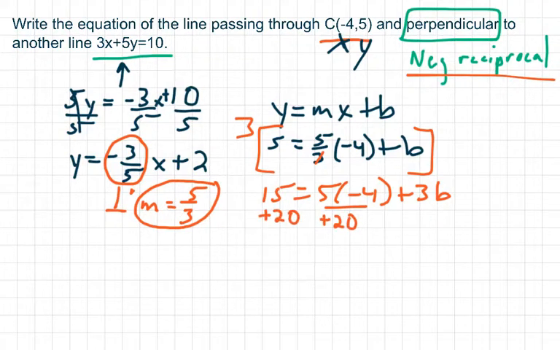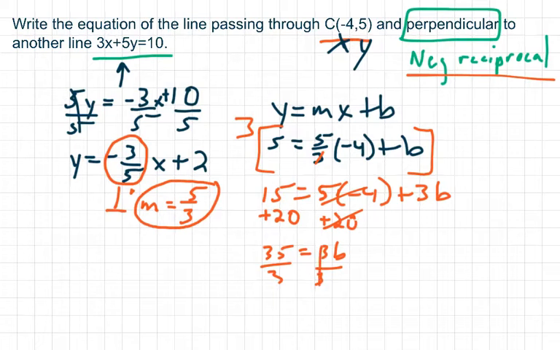Maybe I shouldn't put this line right there because it looks like division. Right? Okay. So now that cancels with that. We get 35 equals 3b. I divide the 3 out.